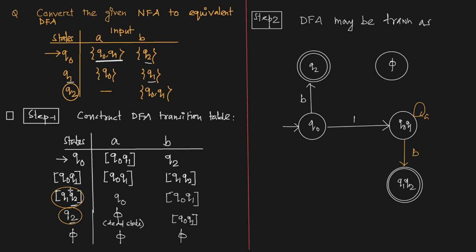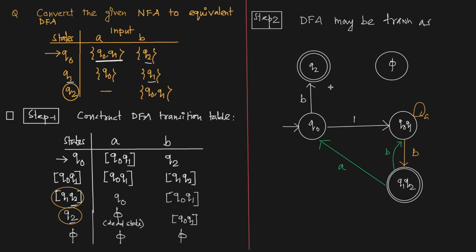Next, Q1 Q2 on A goes to Q0, and Q1 Q2 on B goes to Q0 Q1, so Q1 Q2 is complete.